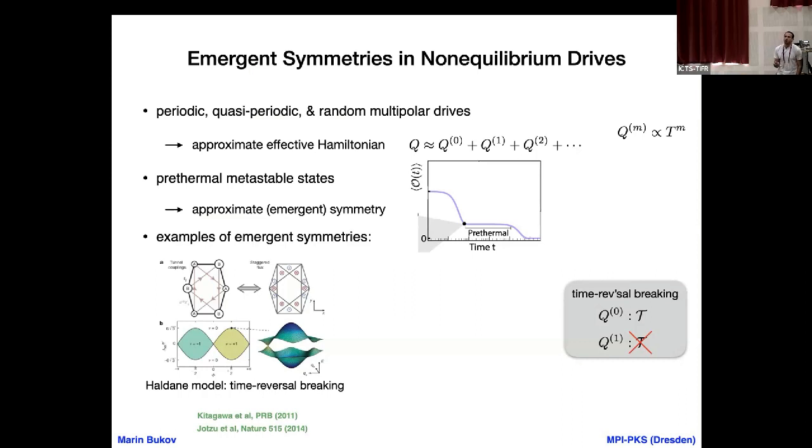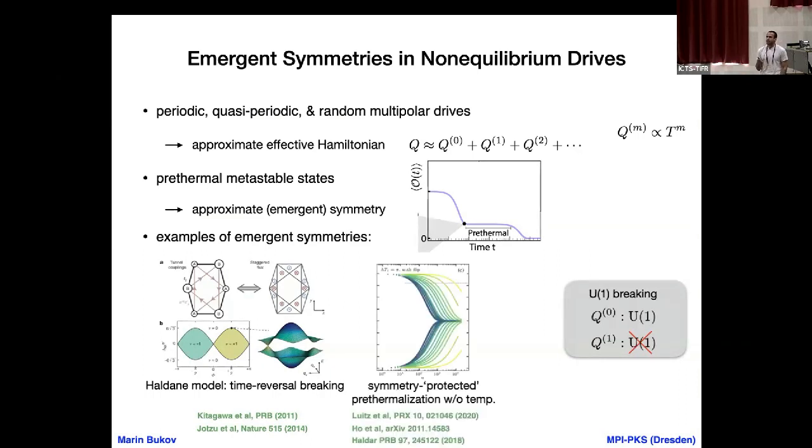I don't want to go into the details, but essentially you have a periodic drive which, to leading order in this expansion, preserves time reversal symmetry, but the higher order corrections break time reversal. Via this time reversal breaking, one can engineer topological effects and turn insulators, etc.